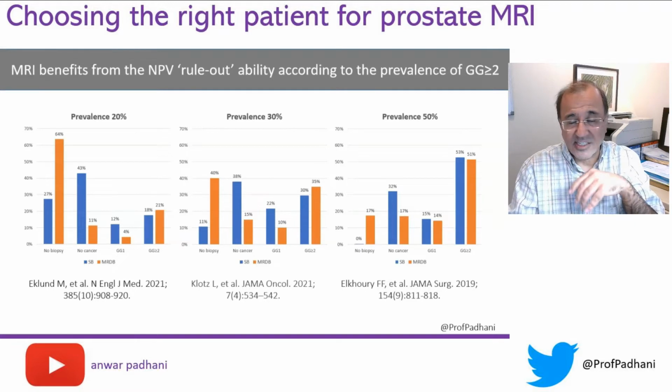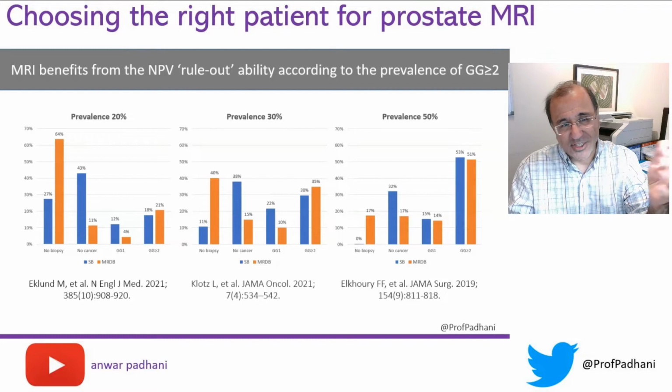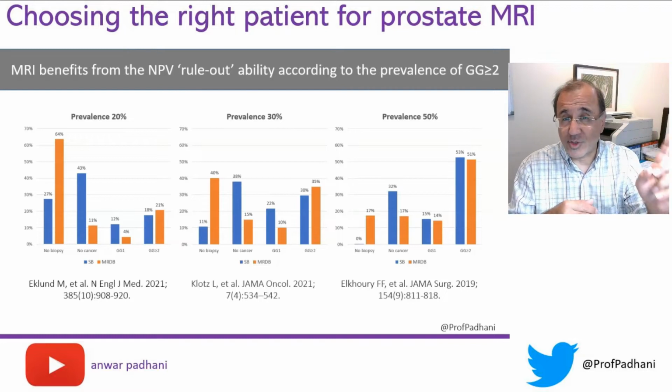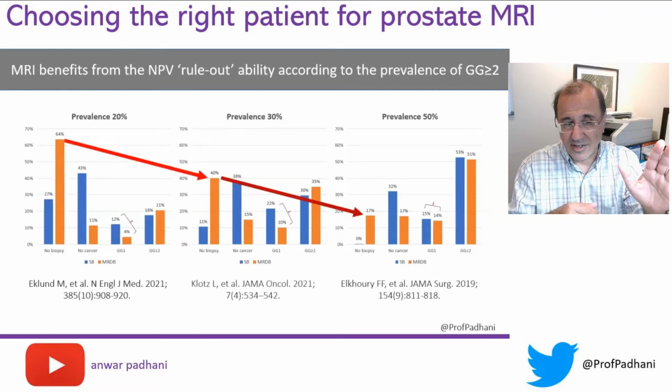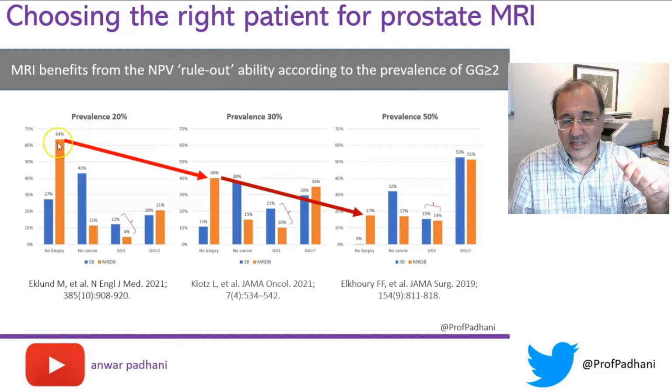What you'll notice is that the main benefit is dependent on prevalence. So you can see when your prevalence was low, 20%, the number of men avoiding a biopsy is huge. Look at that, 64% for MRI-directed biopsies compared to 27% of men with a systematic biopsy.